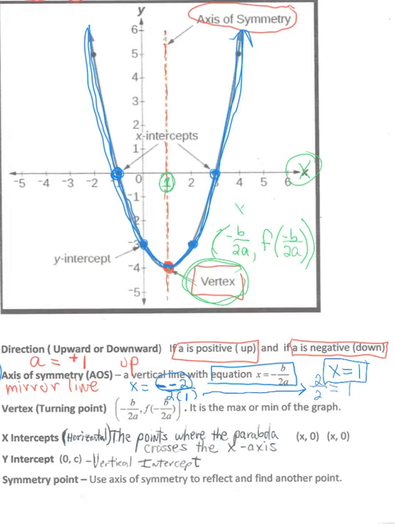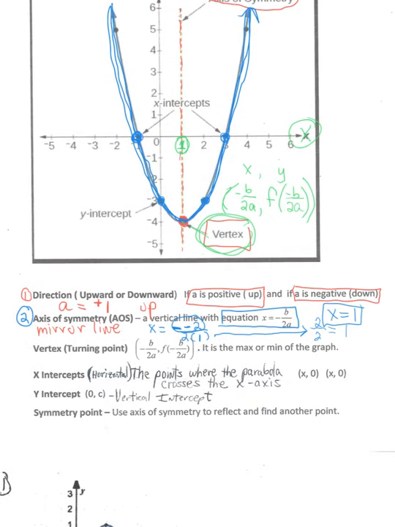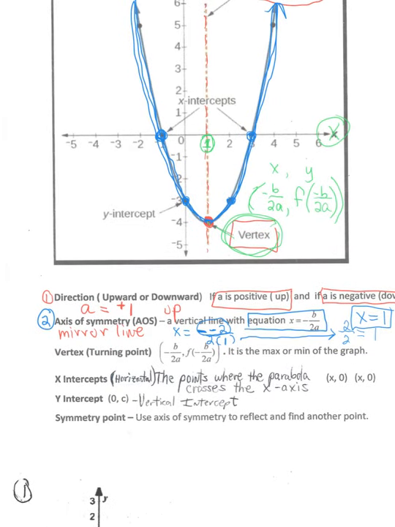So the x coordinate is negative b over 2a, and the y coordinate turns out to be the result of substituting into negative b over 2a. Okay. So if I come to that turning point, that's number 3 down at the bottom, the vertex, the turning point, and we actually look at calculating it.